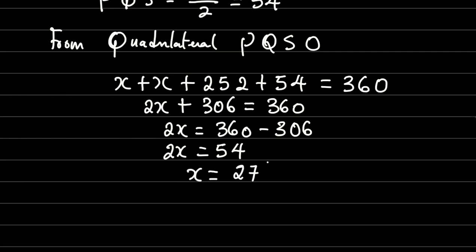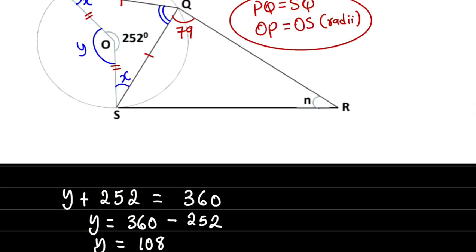But I'm not done, because we are looking for n. If you don't forget, we are looking for n. How do I get my n? Do you know that this is 90 degrees? We've discussed a theorem that states that when you have a circle and a tangent, if you draw a line from the center of the circle to the point where the tangent touches the circle, then it must be at 90 degrees.